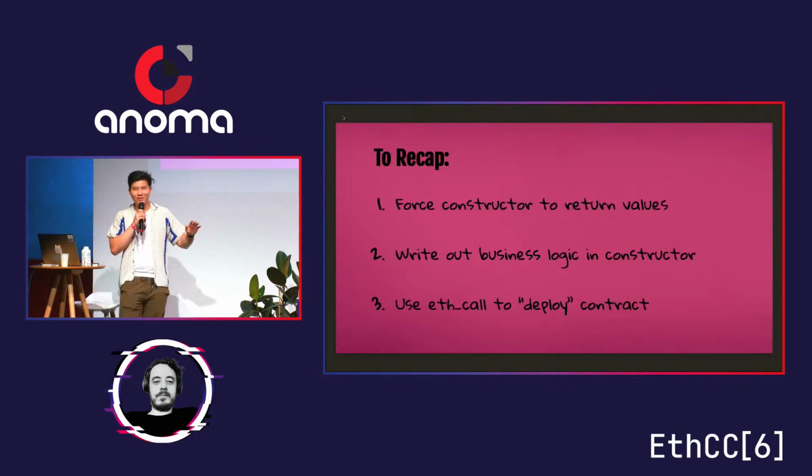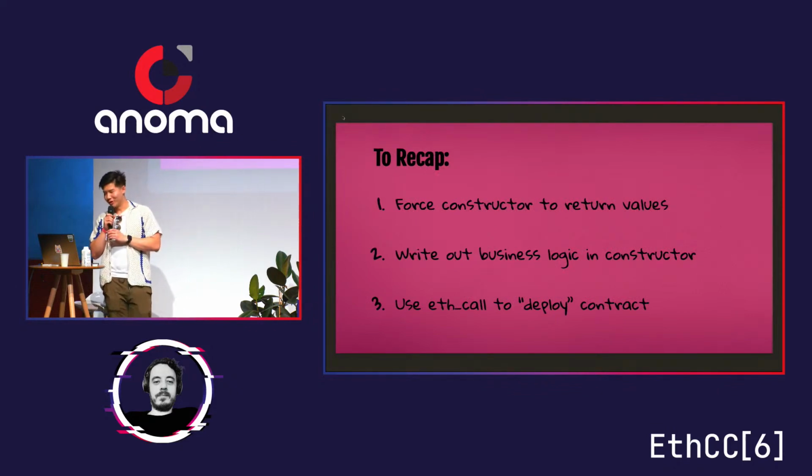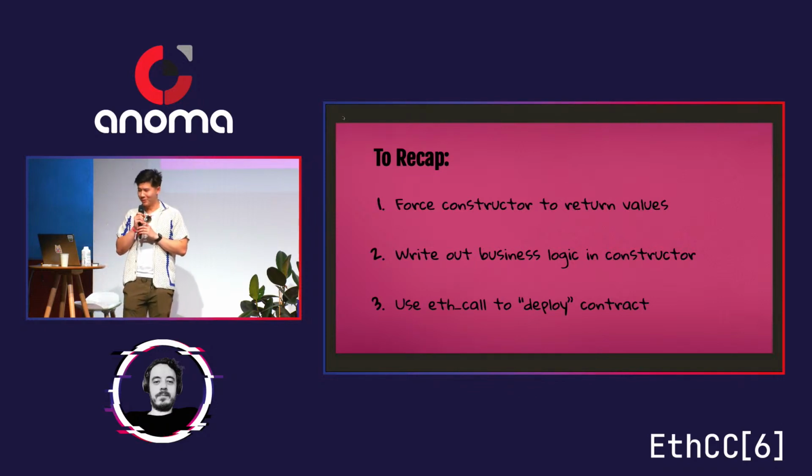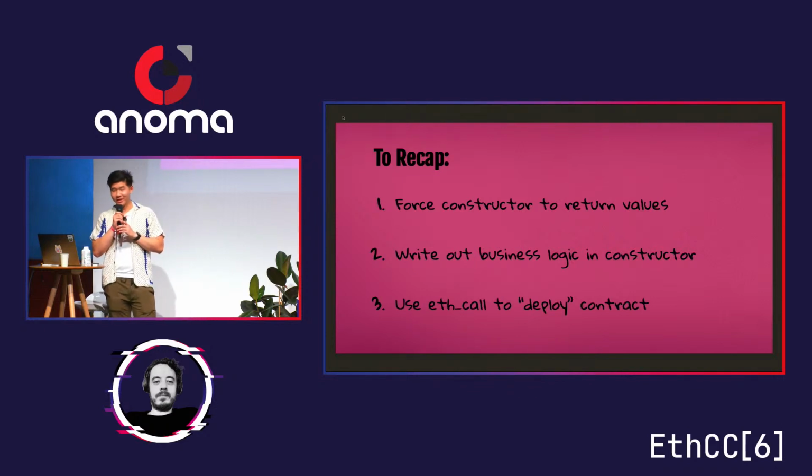Okay, I hope I haven't confused anyone here, but just to recap what the dog said, first, we force the constructor to return values. By default, a constructor in Solidity doesn't support returning values. We write out the business logic in the constructor, and then we use eth_call to, quote, deploy a contract.